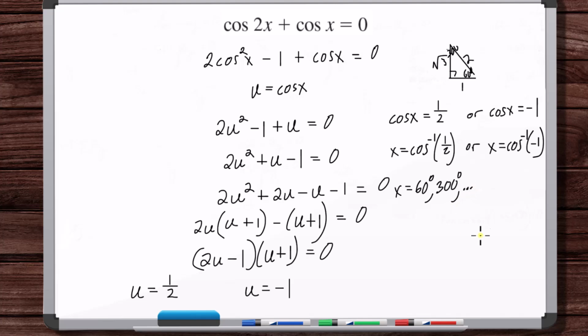Now, inverse cosine of minus 1: where is cosine minus 1? That's at 180 degrees, and that's the only angle between 0 and 360 where cosine is minus 1. So these three angles, or any angle coterminal with one of those three angles, satisfies this equation.